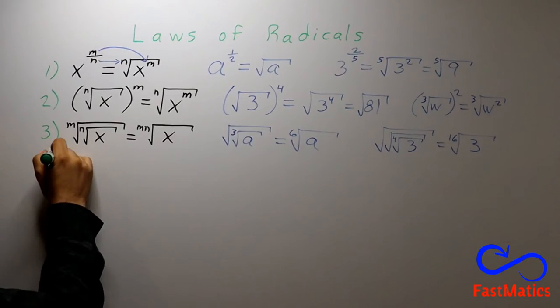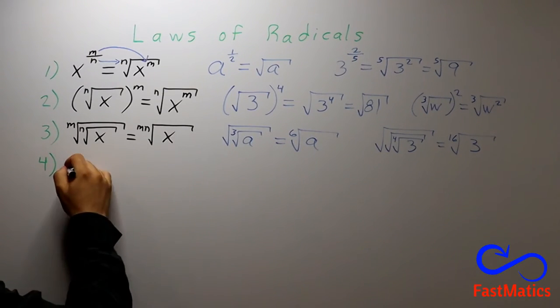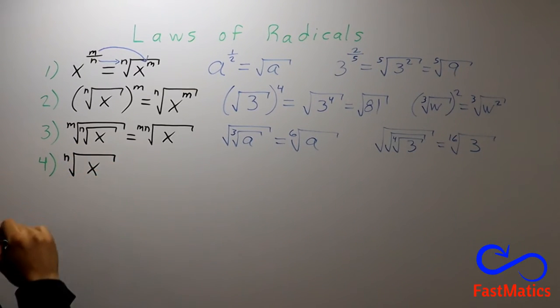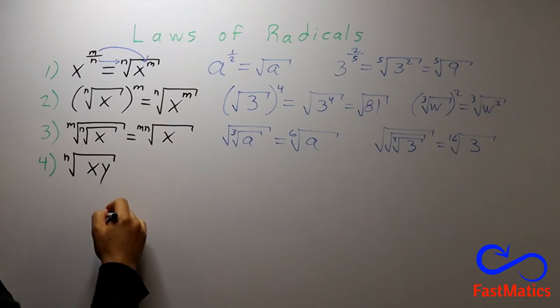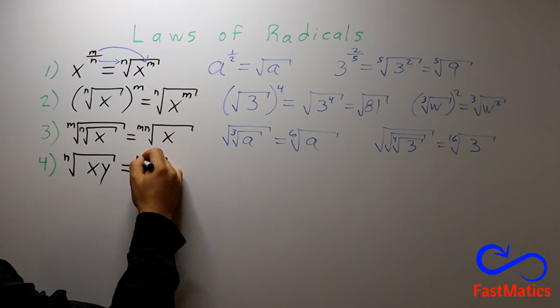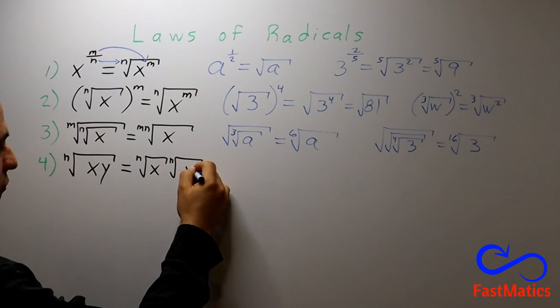The fourth law: the nth root of x times y equals the nth root of x times the nth root of y.